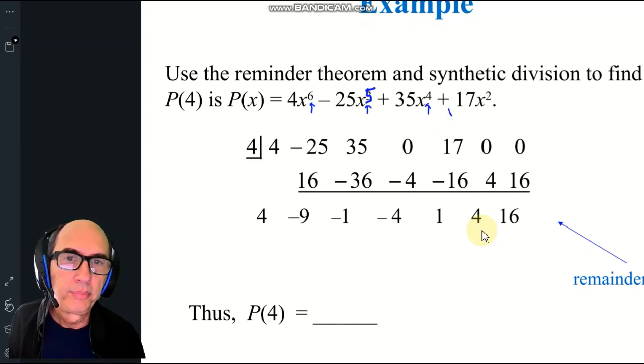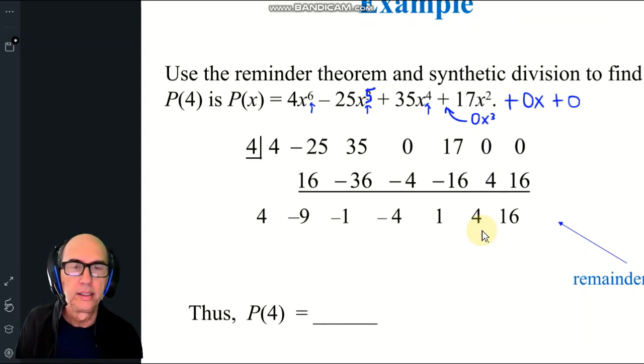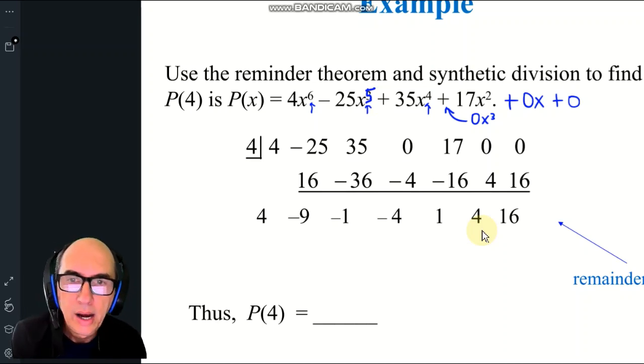We don't have power of 3, so we can say 0x cubed. We have power of 2, and we don't have x to the 1, so 0x plus 0. We have to complete it to have all the powers in a decreasing sequence. Look, 6, 5, 4, 3, 2, 1, 0. Nice.